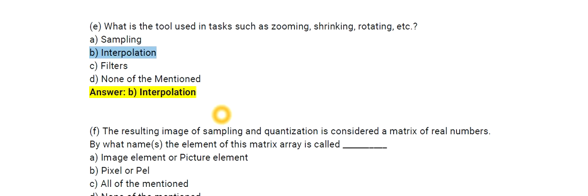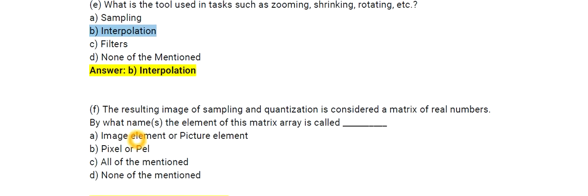Next question. The resulting image of sampling and quantization is considered as a matrix of real numbers. Then by what name is the element of this matrix array called? Obviously, maximum times we call it pixels.